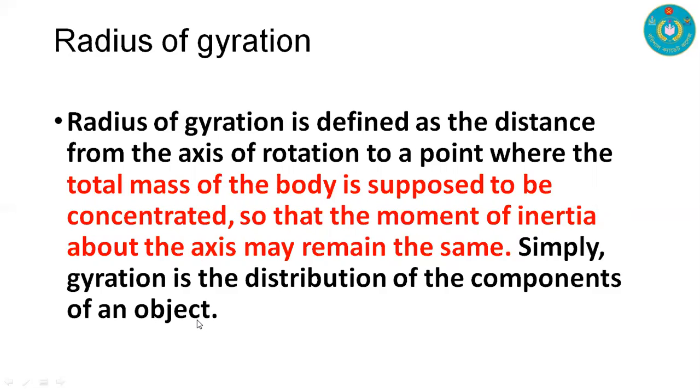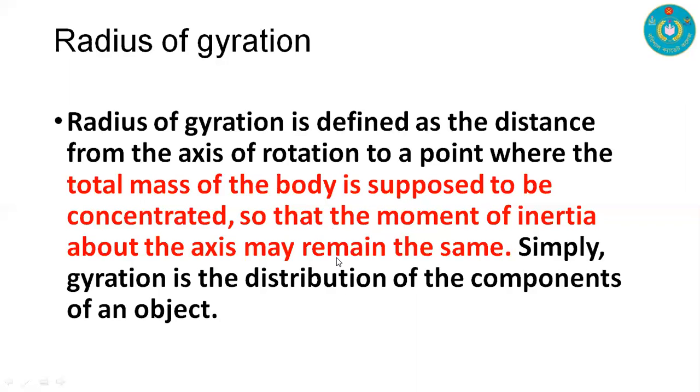For radius of gyration we have a condition: we concentrate the mass, and the distance from the axis of rotation to a point where the total mass of the body is supposed to be concentrated is such that the moment of inertia about the axis remains the same.